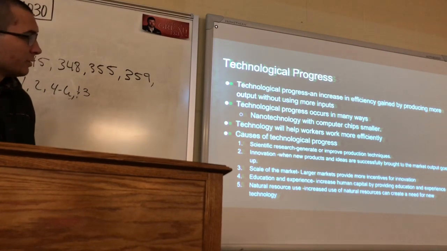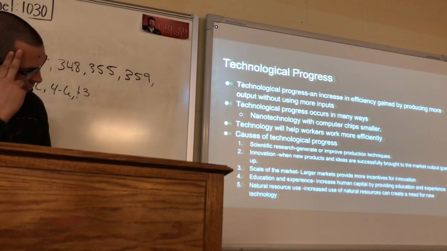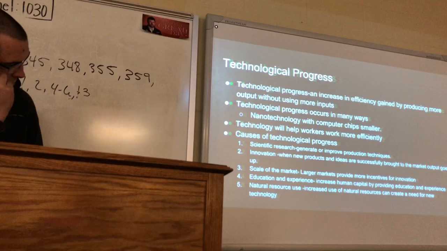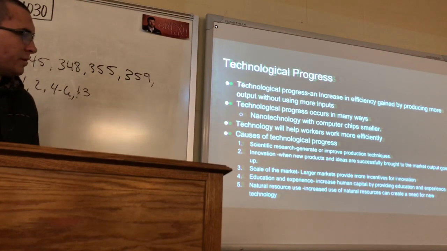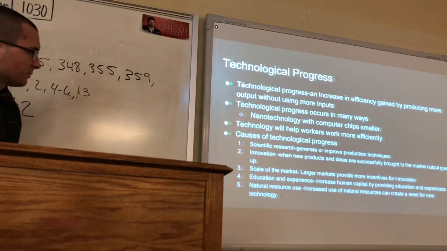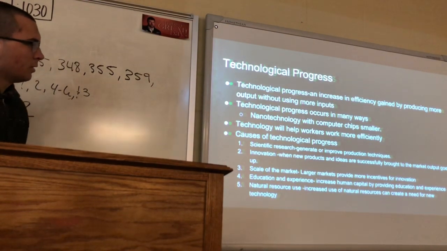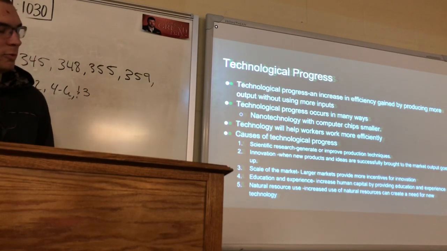Education and experience increase human capital by providing education and experience for workers. And then natural resource use: increased use of natural resources can create a need for new technology.